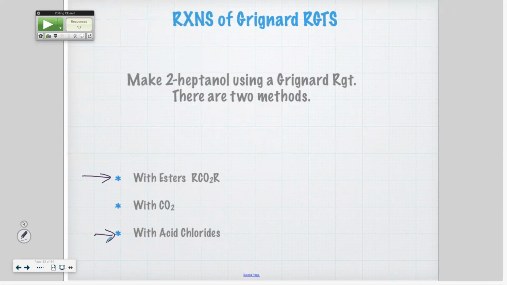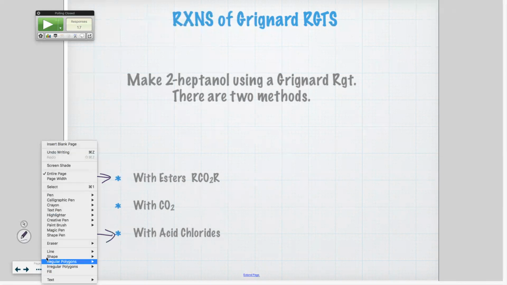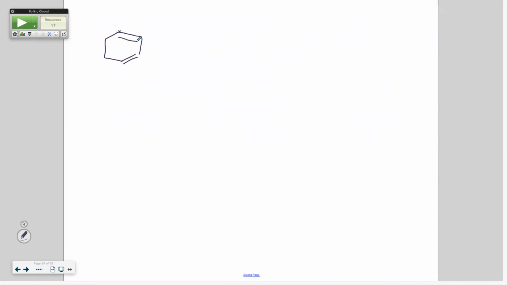Should I use the same Grignard that we made and used in all the other examples? All right, there's our phenylmagnesium bromide. Okay, how do you make it? We'll just review. How would you make that?